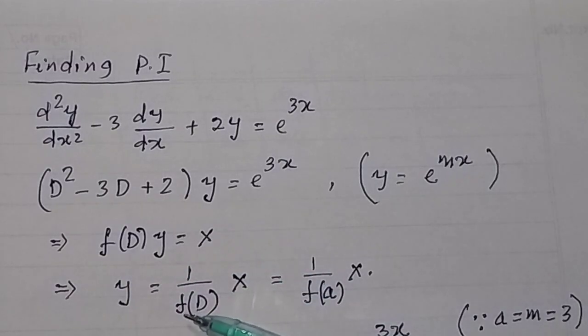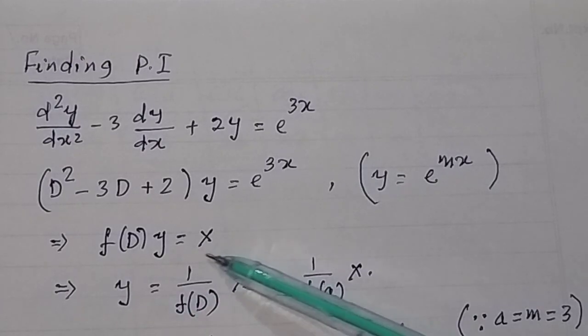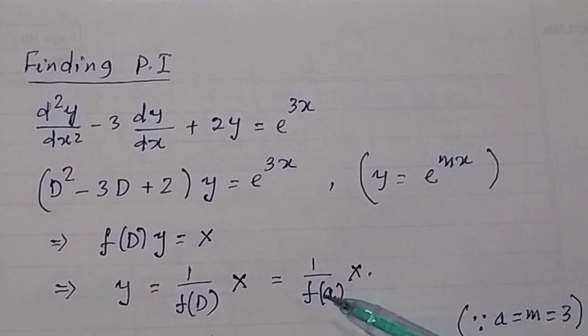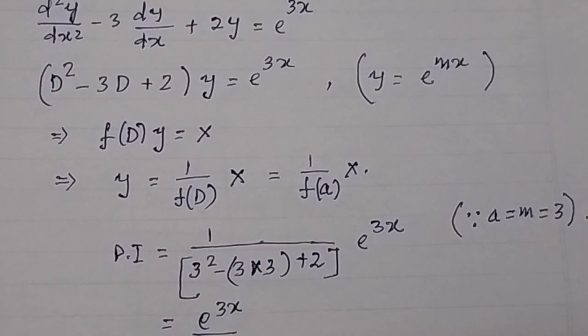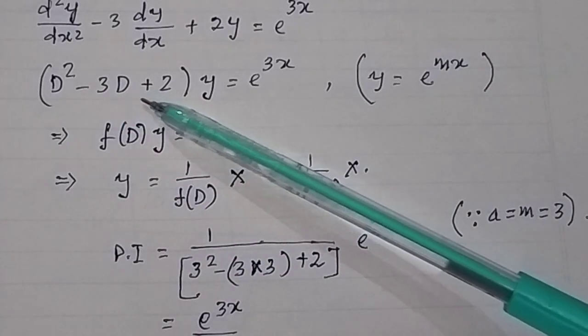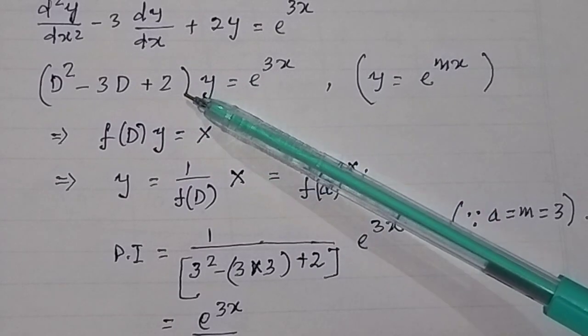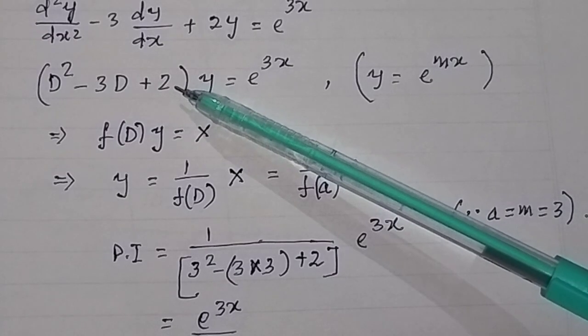You will find the solution if you find the particular integral, and the particular integral is equal to 1 by f(D) into X. And if a is the root of the equation, then 1 by f(D) X will be equal to 1 by f(a) into X. Here the roots of the equation we have taken as m, because the D square minus 3D plus 2 term, in the case of the particular integral, is the equation m square minus 3m plus 2 that we used for the complementary function.